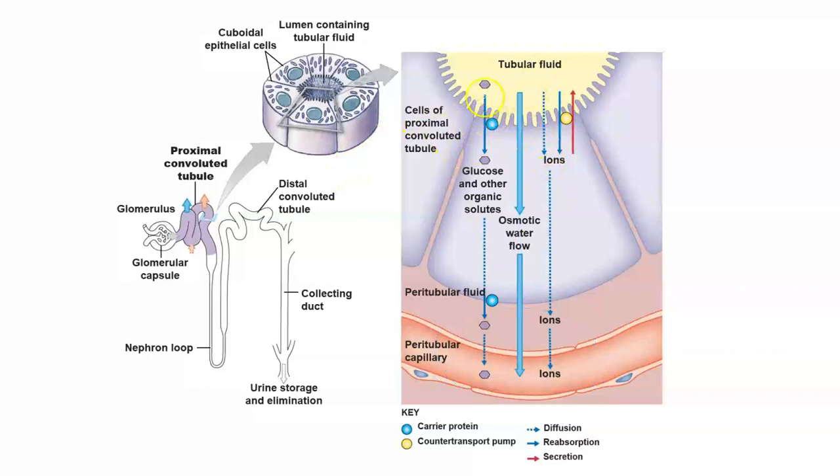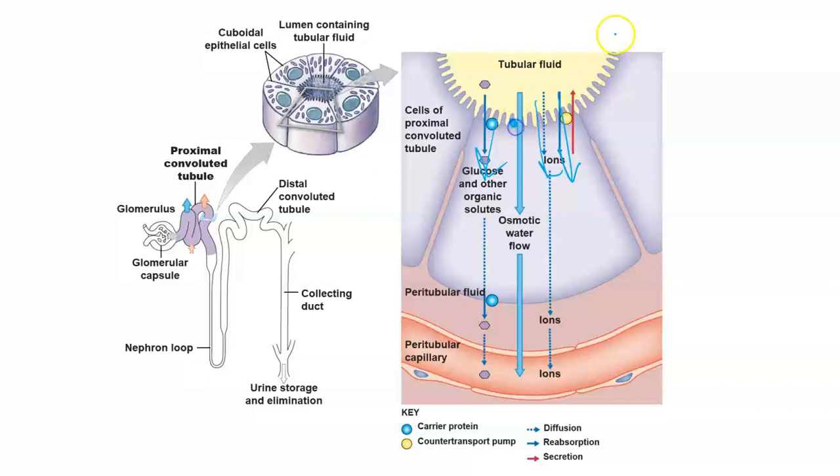Now, water is also going to flow as things are being pumped in across the cell. Water will follow. Water likes to go to the place where there's a higher osmolarity, so if you have particles being pumped in, the water is inclined to follow. It can only do so if there are these things called aquaporin channels.